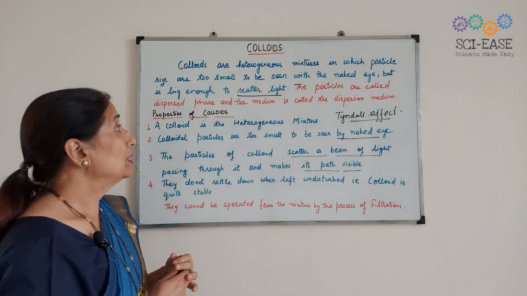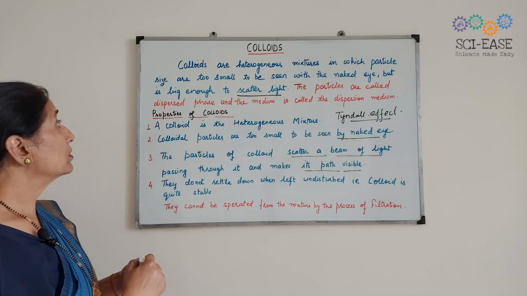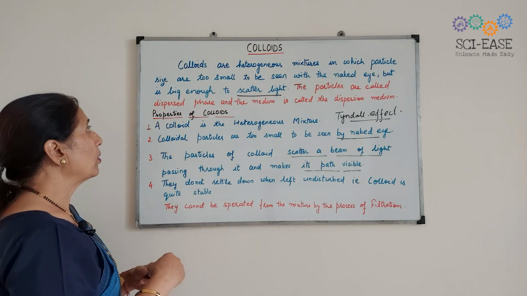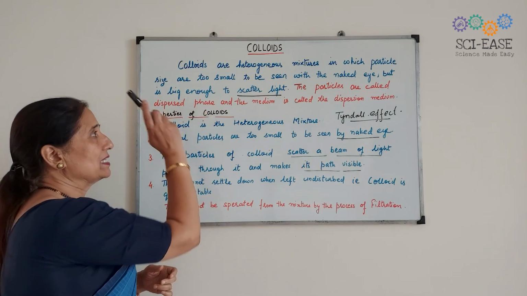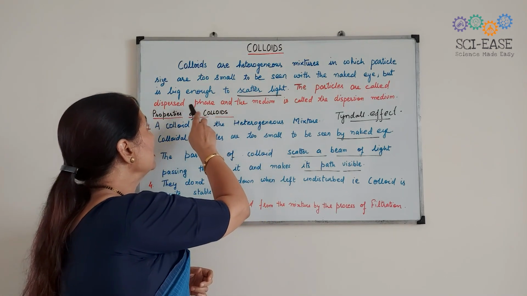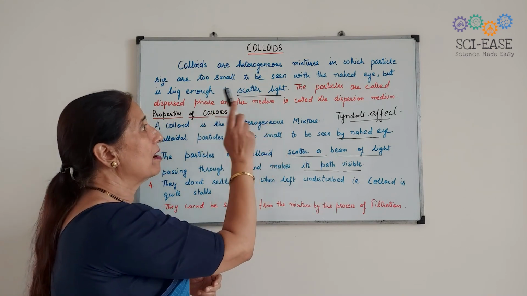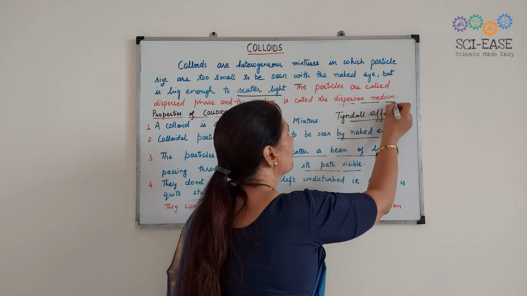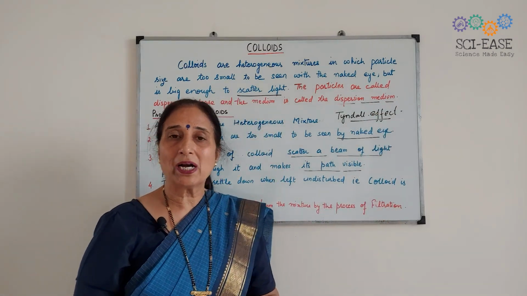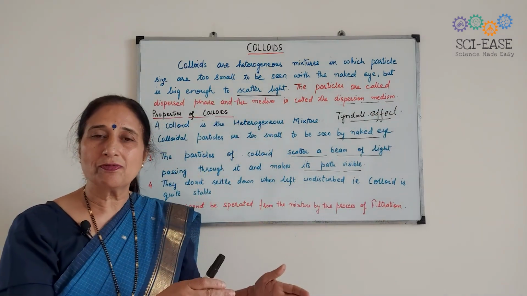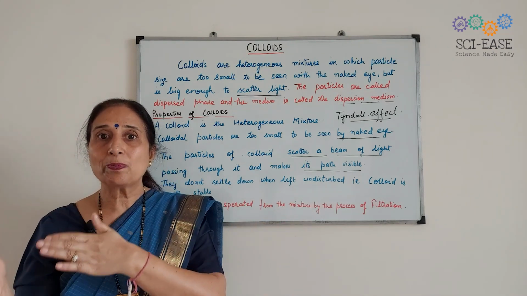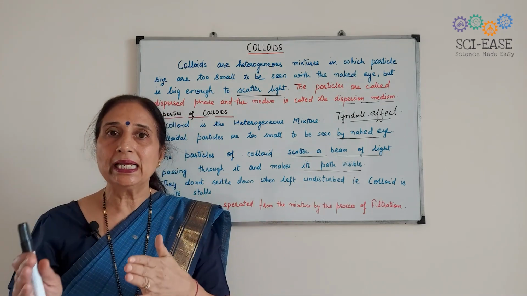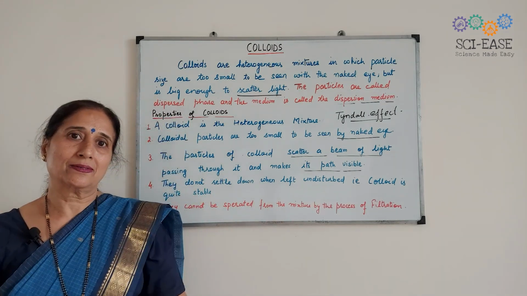I have told you that the solute particles are called the dispersed phase, and the medium in which these particles are present is known as the dispersion medium. The dispersed phase and dispersion medium can be solid, liquid or gas.